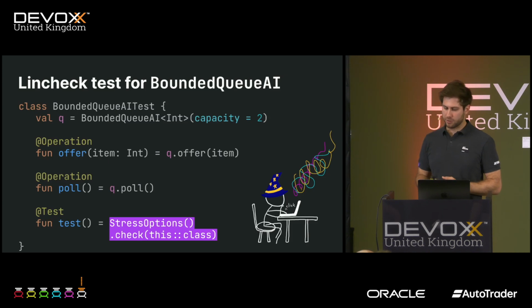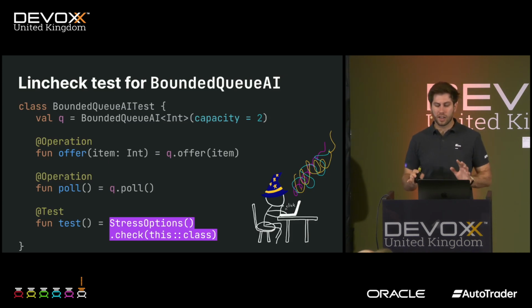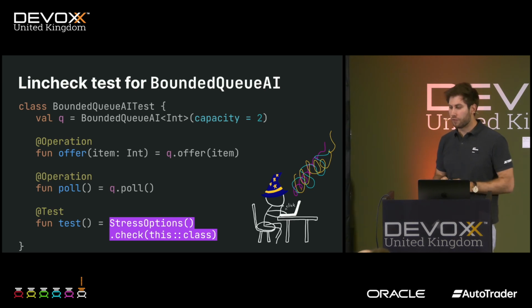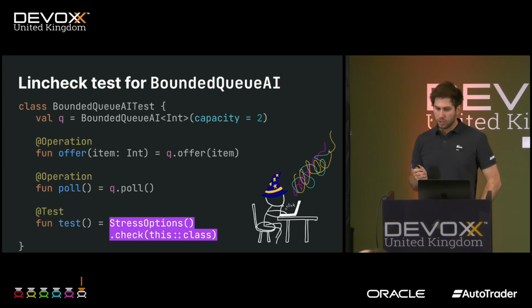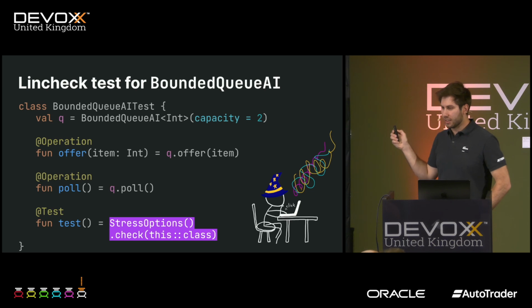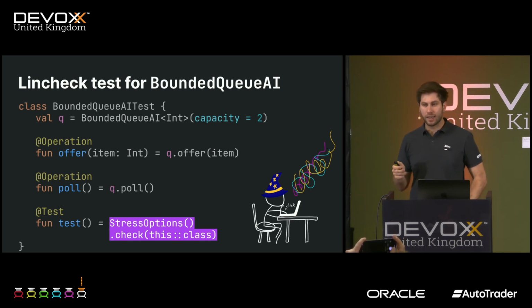The only difference is that instead of this run concurrent test, it has a slightly different API to configure the test. And when we run this code, Lincheck will stress test the declarative operations and report an error if detected.